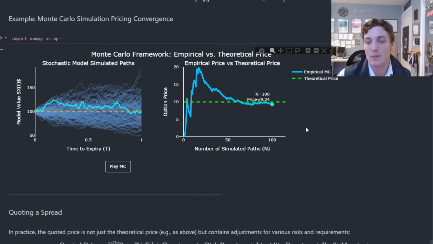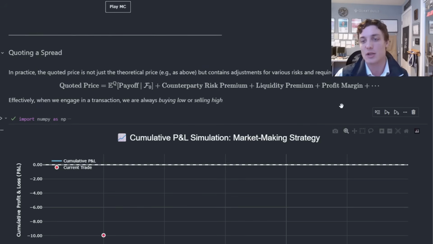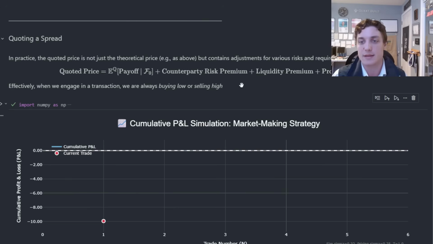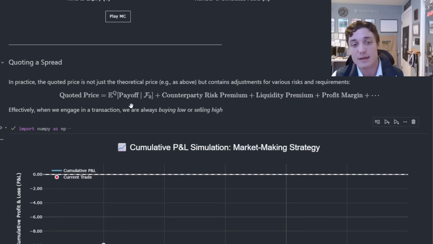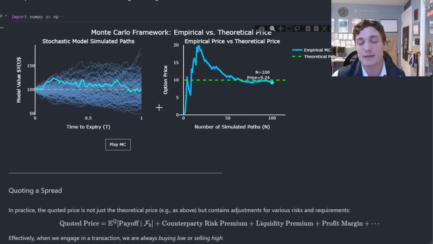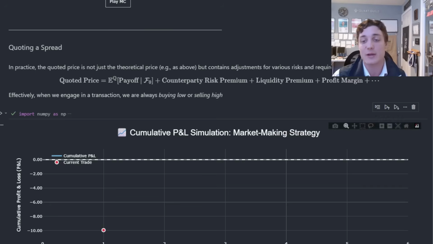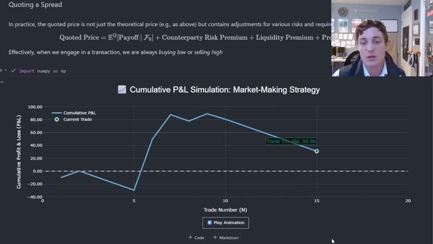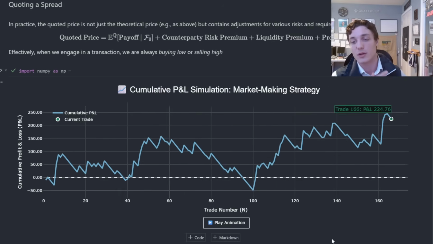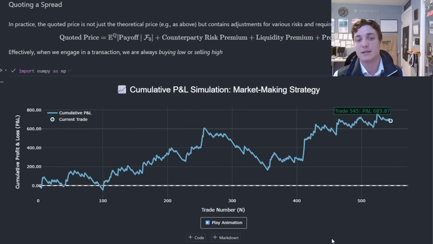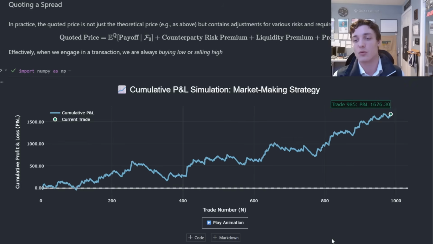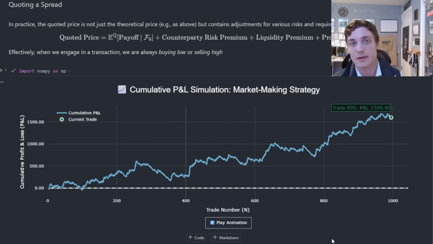And that's to say, we also need to consider adjustments for counterparty risk, liquidity, and all of this relative to our original profit margin and the discounted risk neutral expected price given by this simulation. And if we do this in an effective way, you can see theoretically we will accumulate this spread over a series of trades in the form of positive trajectory in our wealth path, trading P&L.